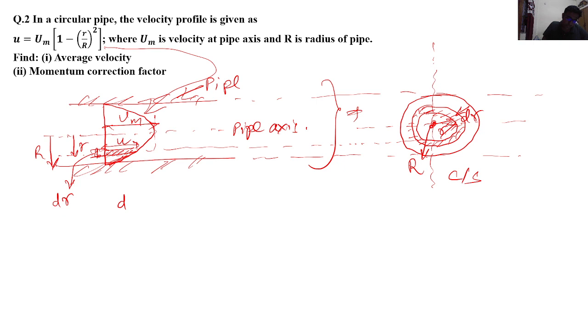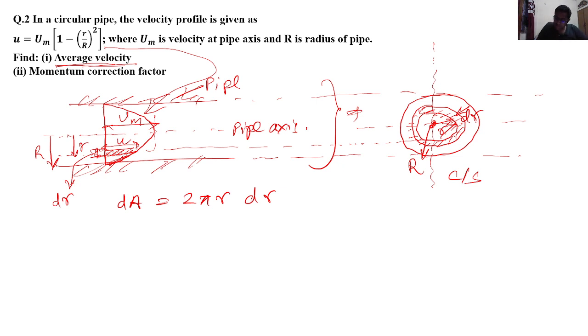For the average velocity, we need to first of all find the discharge. For discharge, we need the area. So the area can be written as the length of the strip, which will be nothing but the circumference, times dr. Why? I will explain.